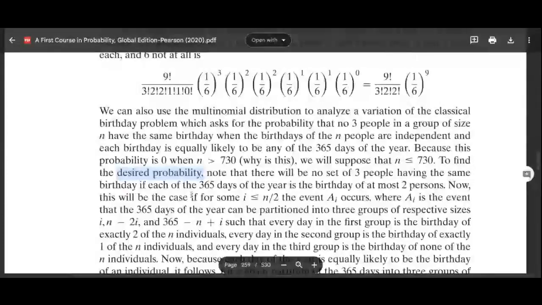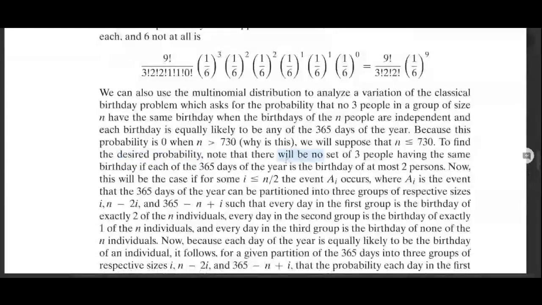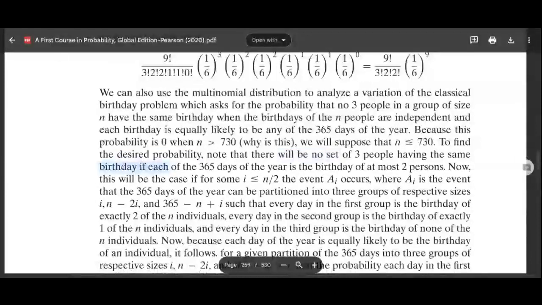To find the desired probability, note there will be no set of 3 people having the same birthday if each of the 365 days of the year is the birthday of at most 2 persons.